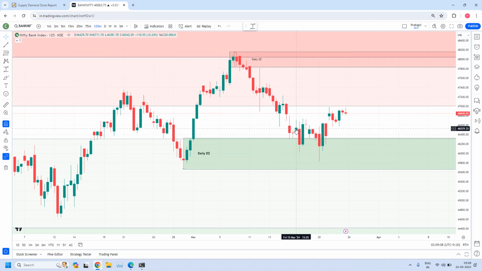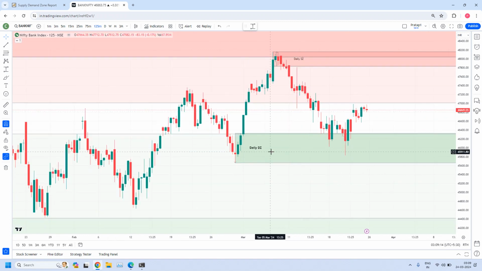High liquidity zones will act as strong support and resistance for Bank Nifty's movement. There you will get the trade opportunities. So that's why we have to analyze all the time frames below daily. Now from now onwards, let us focus mainly on high liquidity zones.